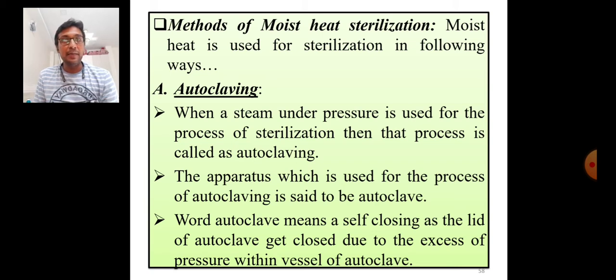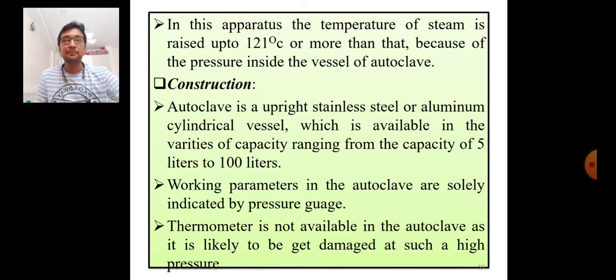So understand the meaning of the word autoclave: a self-closing device, as the lid remains closed unless and until the pressure is present inside the vessel of the autoclave. As long as there is pressure, the lid, the top covering of this device, must be kept closed. Note this, and that's why it is called the autoclave. Moving on to the next slide.